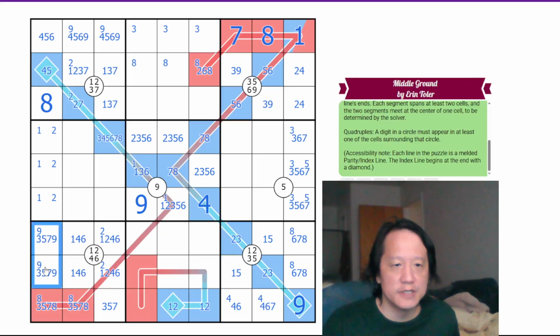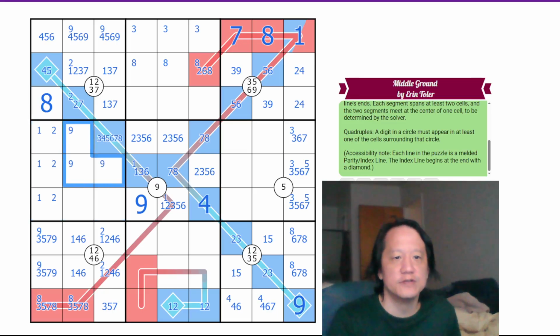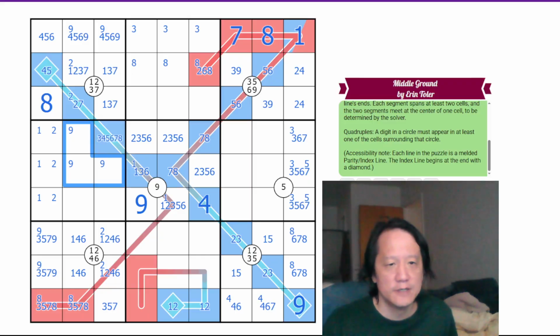So we have a guaranteed 9 here, so 9 cannot be here or here. So 9 has to be one of these 3 cells there.